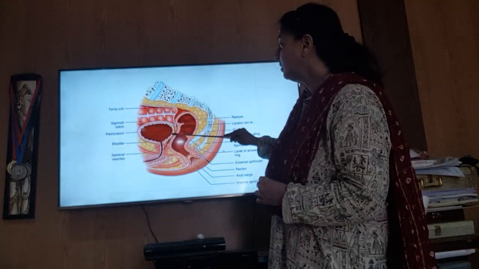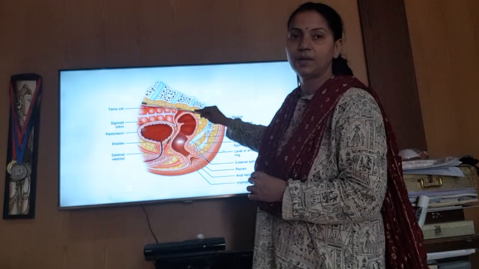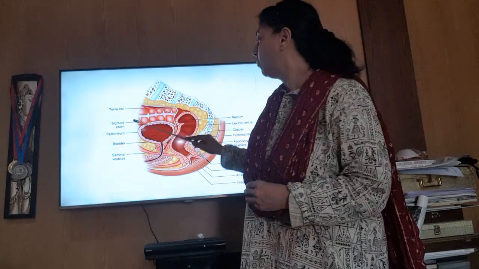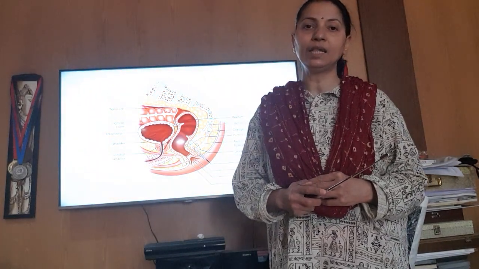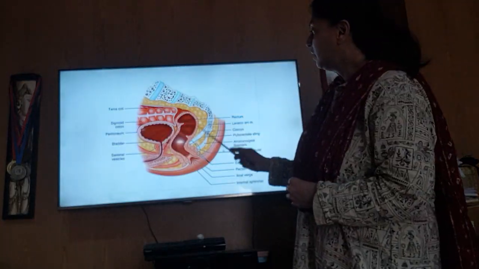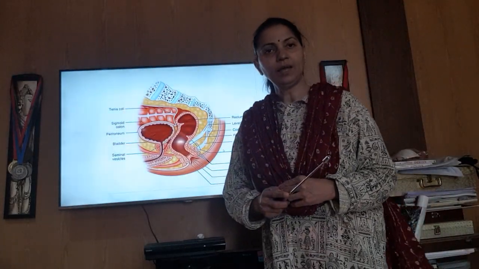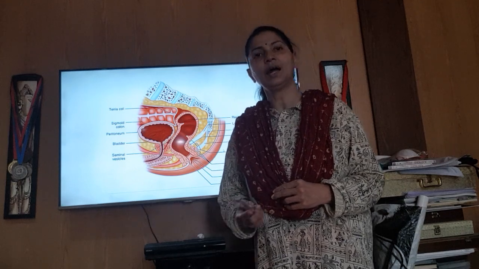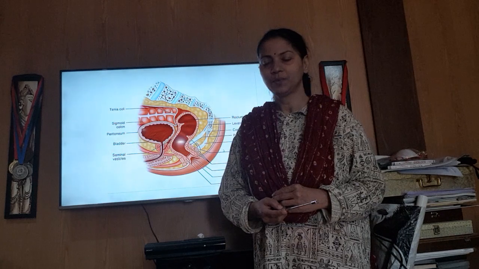The upper part is drained by the lymphatics which are going to the inferior mesenteric lymph nodes. The lower part is drained by the lymphatics which are going to internal iliac lymph nodes. Clear? So nerve supply, we are left with nerve supply. Both parasympathetic and sympathetic nerves are supplying it.